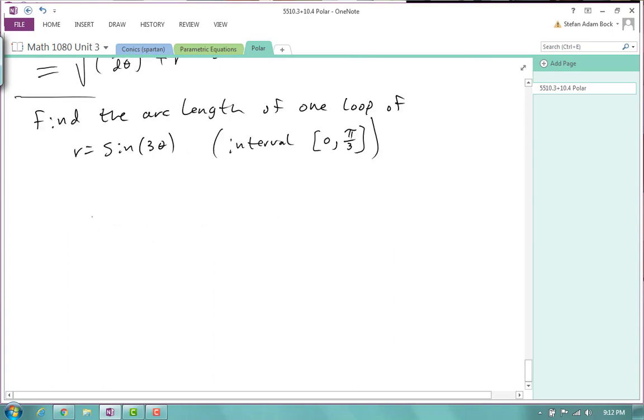So all I have to do really is an integral from 0 to pi over 3, and I want the ds, which is the square root of dr d theta squared plus r squared.